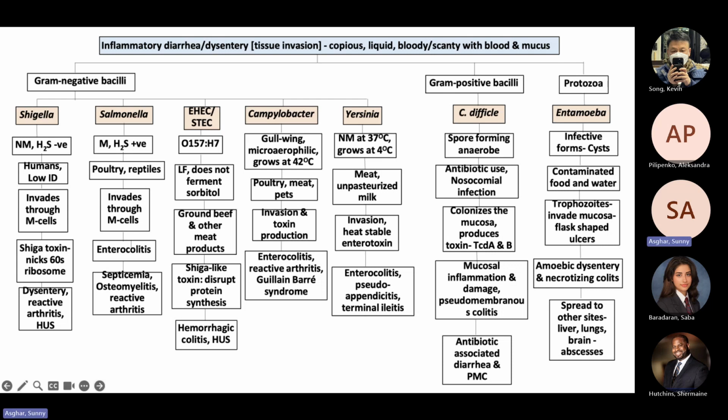And then now we're moving on to our Campylobacter. What this is saying is that Campylobacter is a gull-wing or curved-shaped bacteria that grows at 42 degrees Celsius. We know that most bacteria cannot survive, or it's harder for them to survive, at higher temperatures, but this one grows at 42 degrees Celsius, which is much higher than other bacteria can grow at.